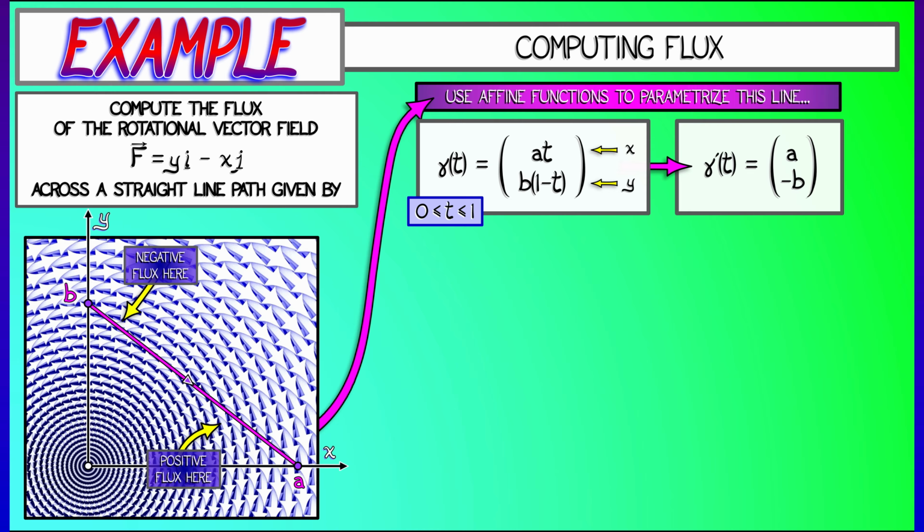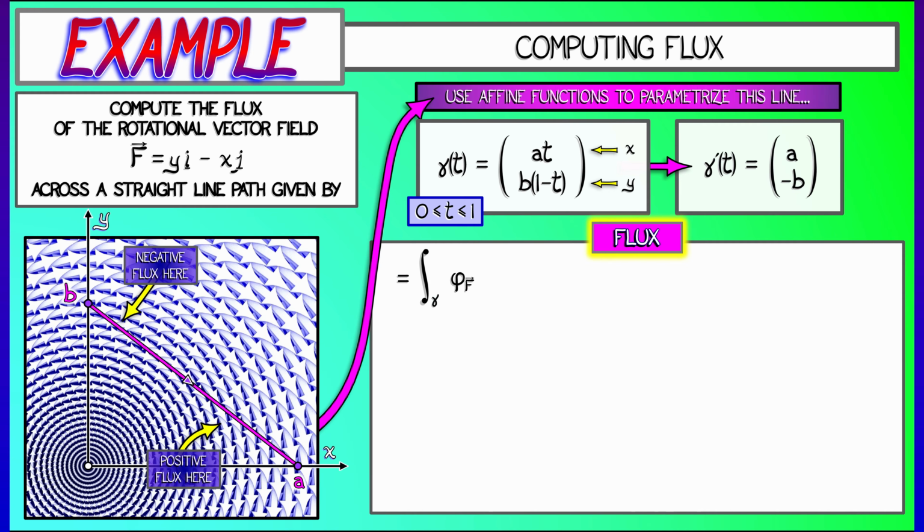Now, to compute the flux along this path, I take the flux form, phi sub F, that is F_x dy minus F_y dx, and I integrate that along gamma. Substituting in, I get the one form x dx plus y dy.